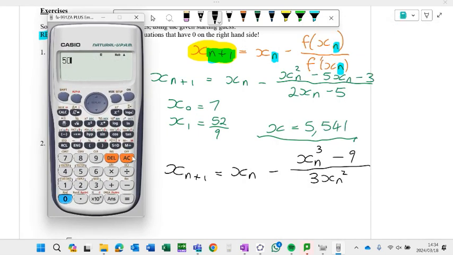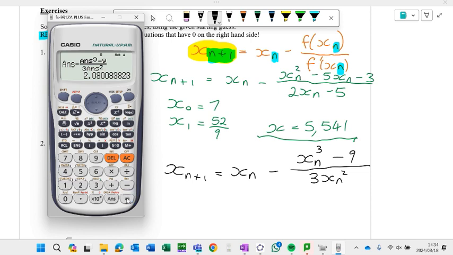Okay, so I'm going to go 500 equals, and then I'm going to type in the right-hand side. Answer minus fraction, answer cubed, minus 9 over 3 lots of answer squared. Yeah, look, it takes a while, but it went from 500 to 333.